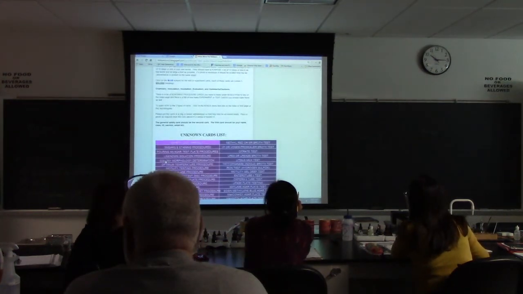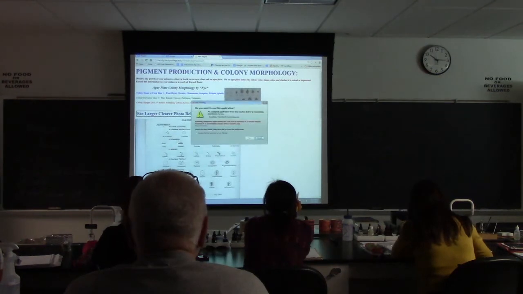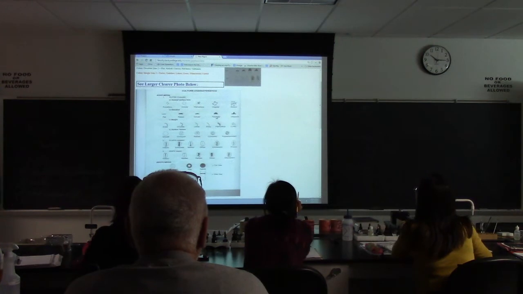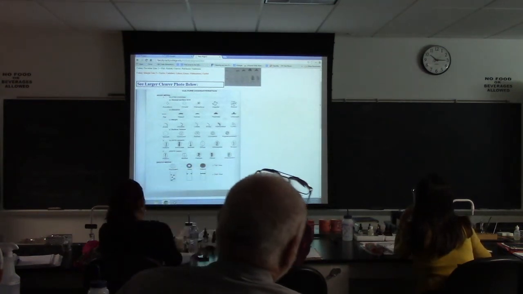Right here, colony morphology. When you say things like church dome, because I remember on the last test you described so many different ways. Fulminate is a church dome and uvinate is like a nipple.